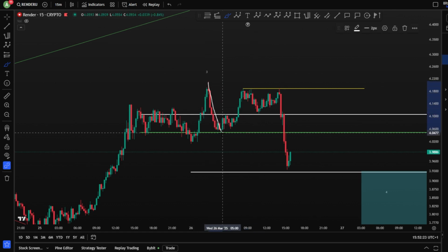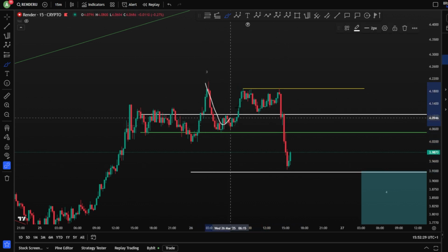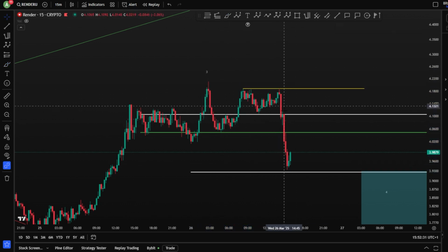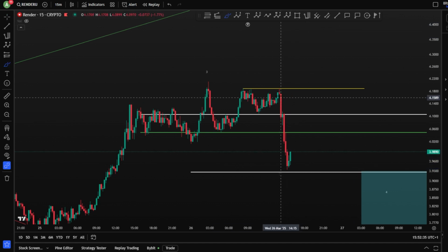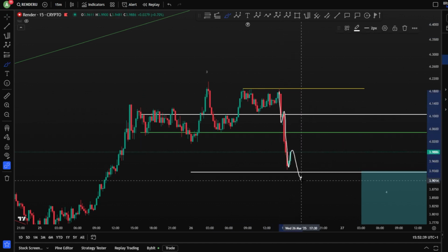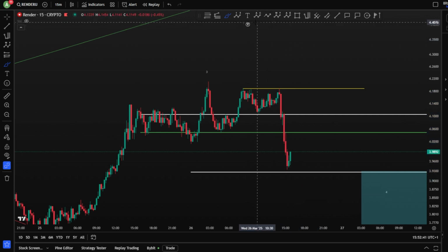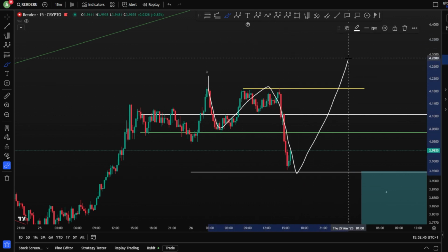So we have, of course, here a wave A, and then B, and a C. I would call it WXY, very simple, because potentially you might still get even one more leg, because this wave C has to be an impulse, 1, 2, 3, 4, 5, so potentially one more leg. It doesn't matter, but this is a W, X, and a Y, and then moving potentially for higher.